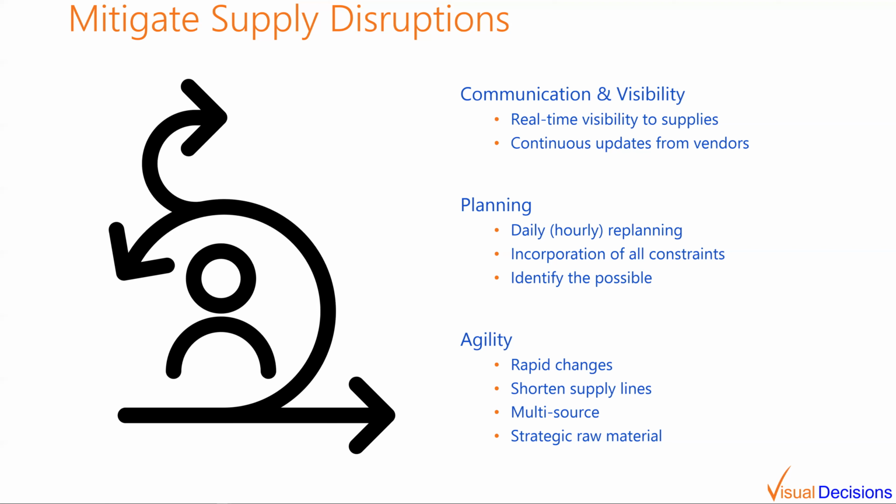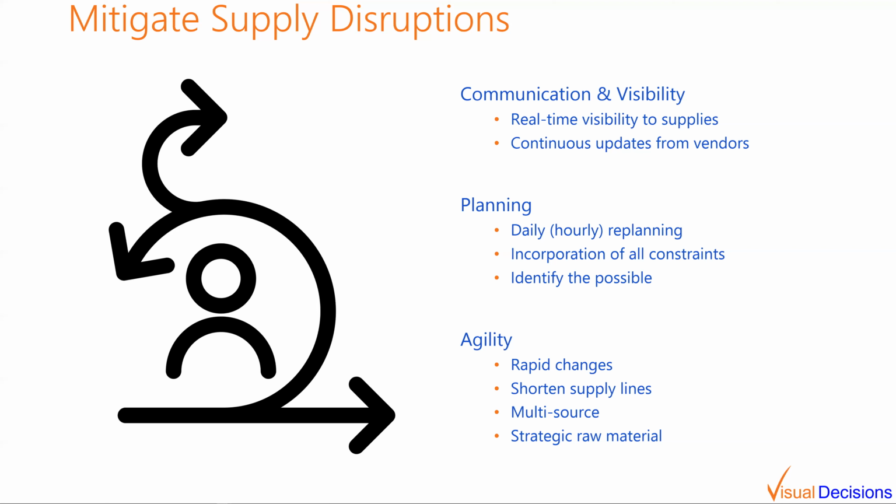If you can get to daily planning or even hourly planning, and at least maybe not creating a full plan from scratch on a daily or hourly basis, but being able to replan based on how things are changing, based on visibility to those supplies, based on visibility within your own factories and so forth, is going to be beneficial.